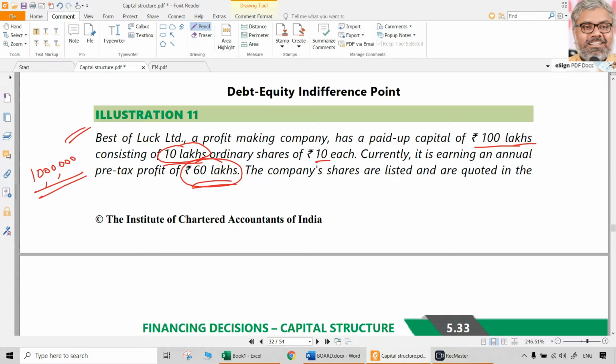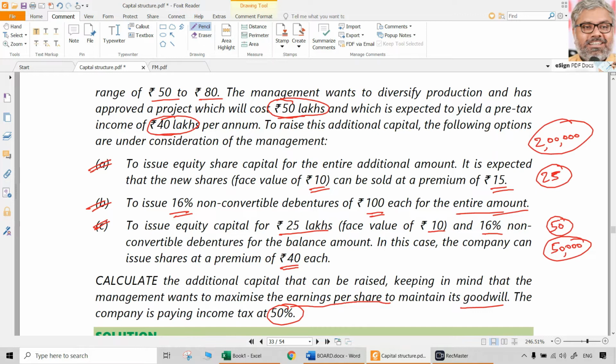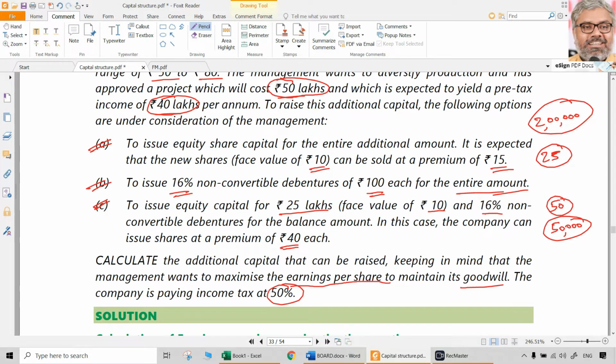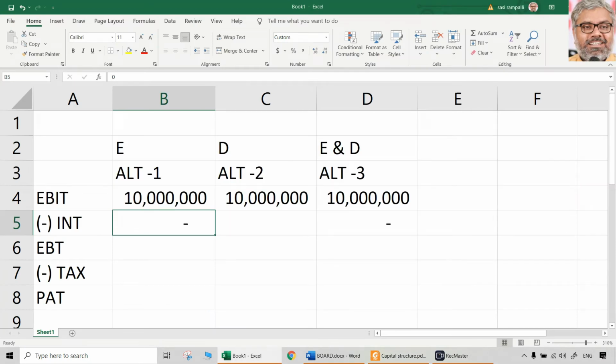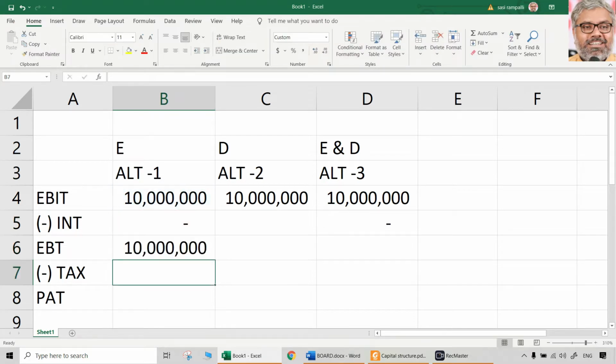And pre-tax profit already we took it. Market price currently we don't care. That doesn't have any direct relevance. Now, alternate 1, is there going to be any debt? No, because it is pure equity. So is there going to be any interest? No. So what is going to be the earnings before tax? Same as EBIT.